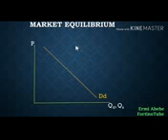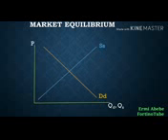Similarly, when we discussed the supply graphs, we have seen that on the y-axis is price and on the x-axis is quantity supplied, and the graph looks like this. This is supply. The supply curve, in blue color here, is an upward sloping curve which indicates that there is a direct relationship between price and quantity supplied.